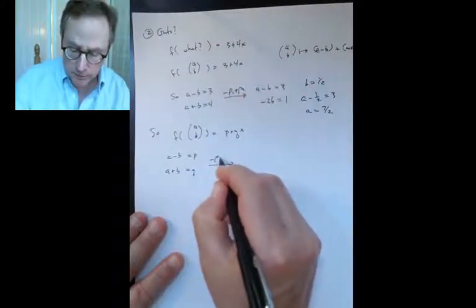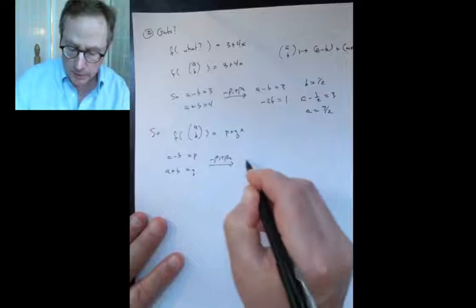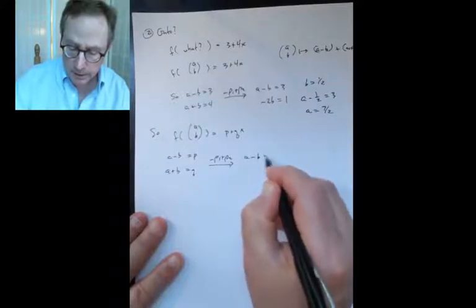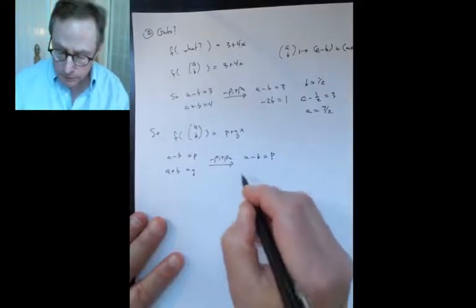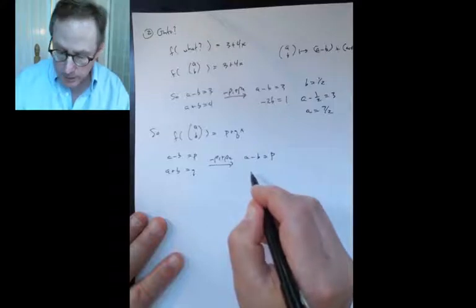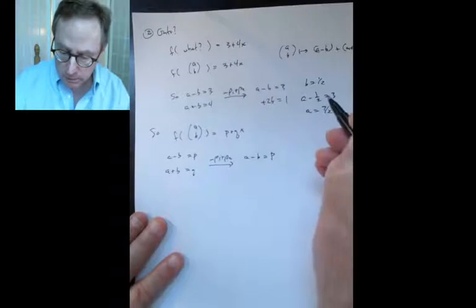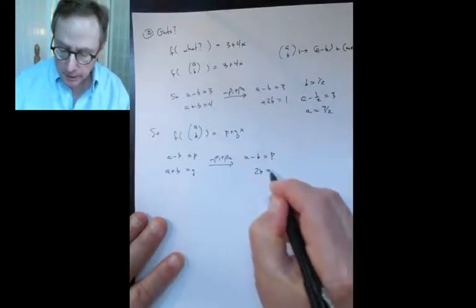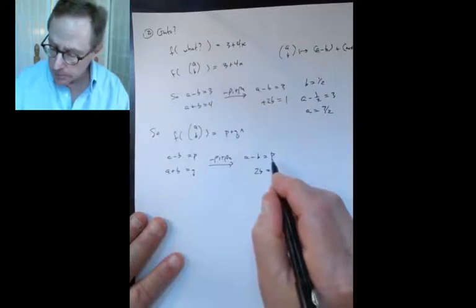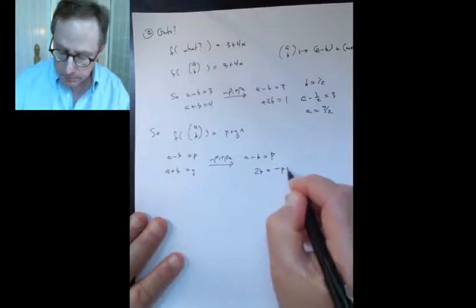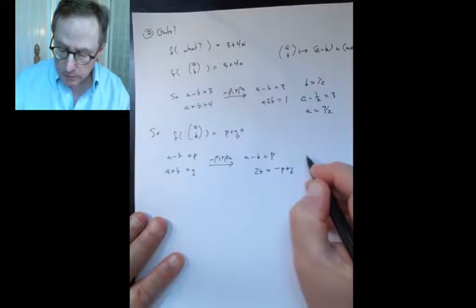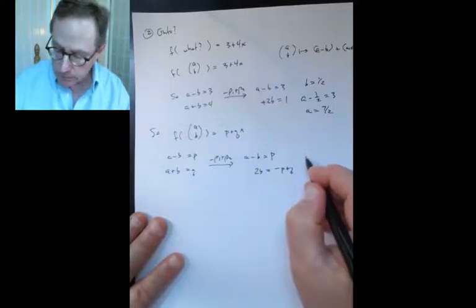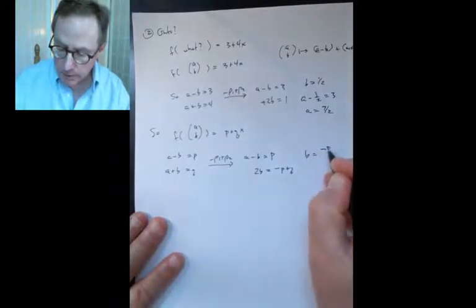Gauss's method minus rho 1 plus rho 2 takes you to a minus b equals p, and, oh, this is a plus 2b. That's right, I copied it down wrong, I apologize. So 2b equals, what is this now, minus p plus q. And so I conclude that b equals minus p plus q over 2.